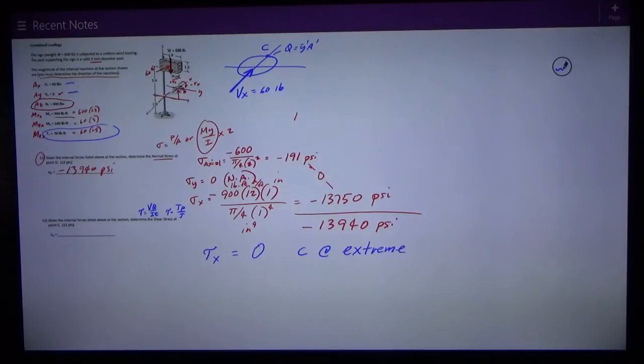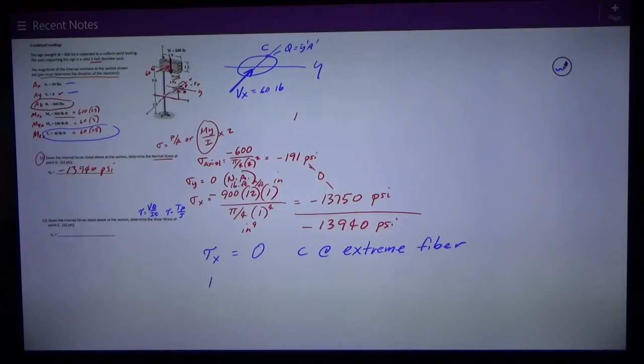If I've got Vx shear in the x direction, the axis that I'm dealing with, if I had any, would be the y-axis. It's perpendicular to this y-axis here. But C is at the extreme fiber, the furthest possible distance from that. So Q is 0, as I said, and tau x is 0.